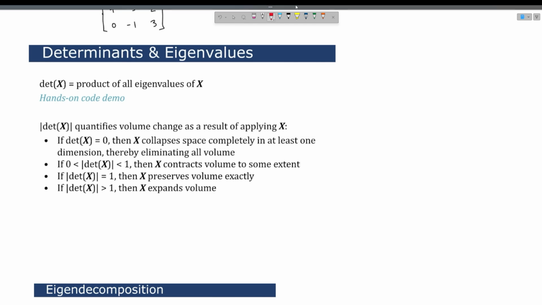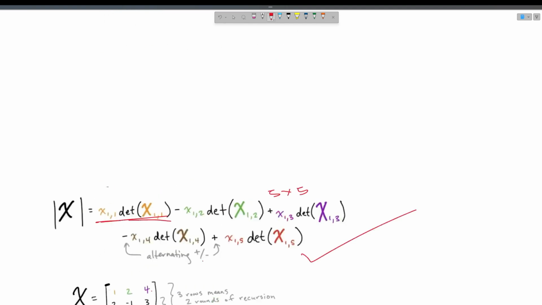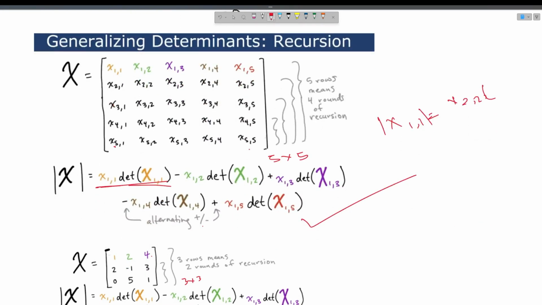For a huge matrix, like 5 into 5, you have to loop a lot of times, because for the determinant of this, you have to multiply this with the determinant of this, and for this, we will multiply this with this, and so on. It goes on and on.